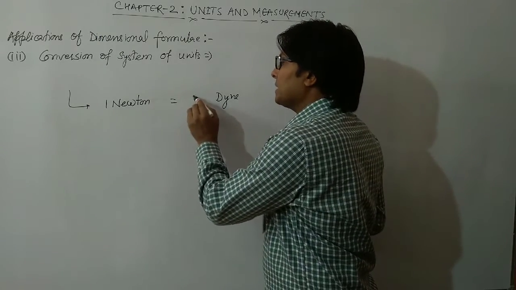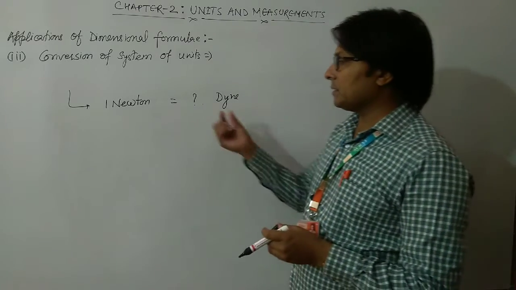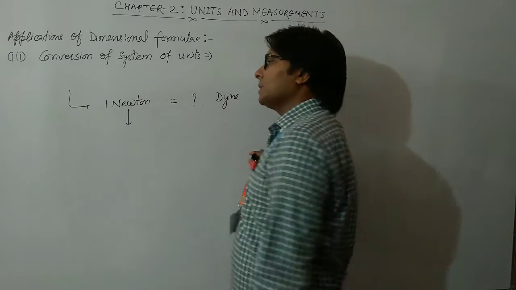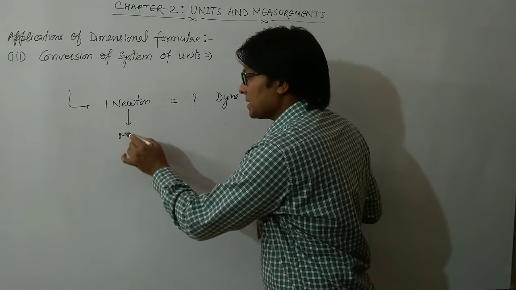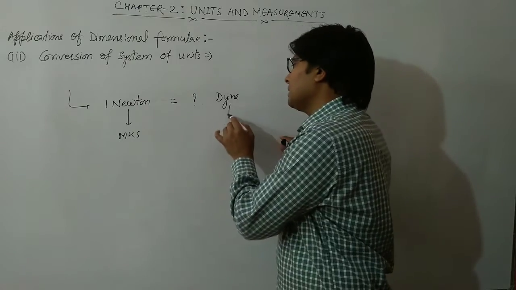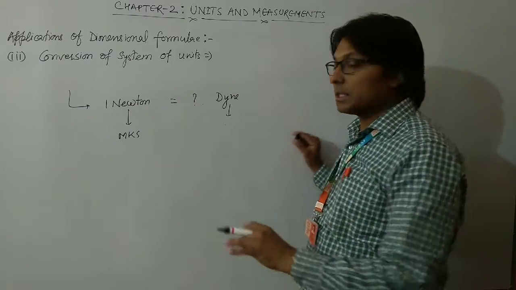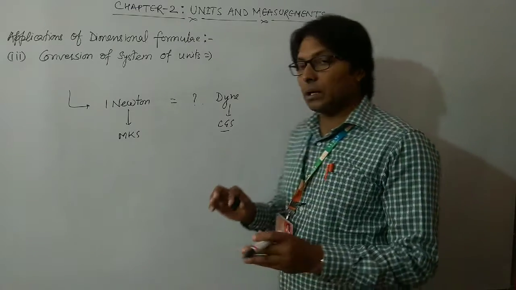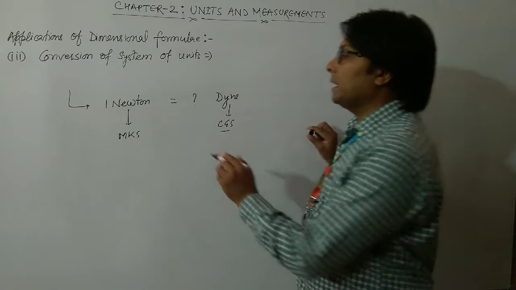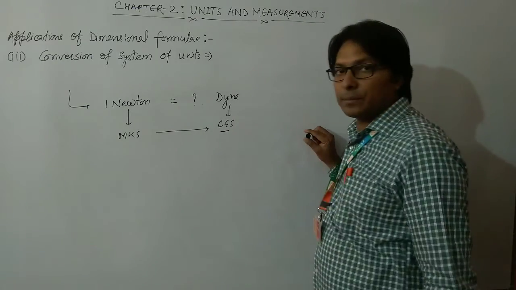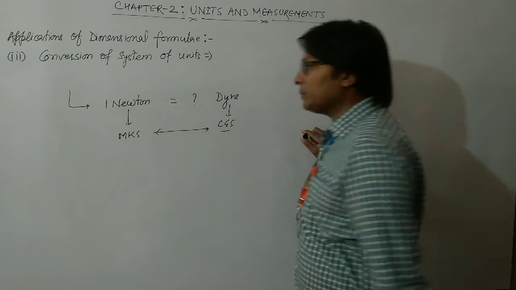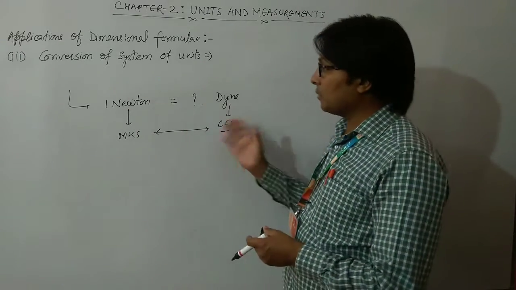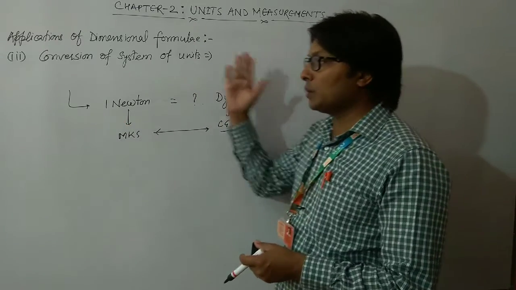You will say that sir, we do not know that answer, because Newton is the unit of force in the MKS system and dyne is the unit of force in the CGS system. If you know how to convert the MKS system into the CGS system or the CGS system into the MKS system, then definitely you can convert Newton into dyne or dyne into Newton.